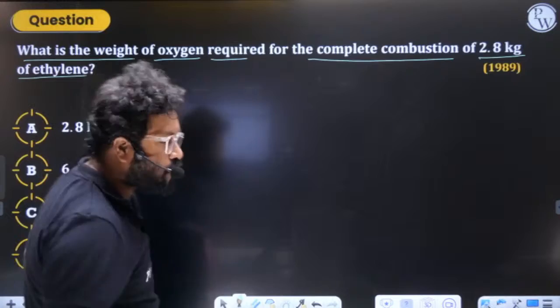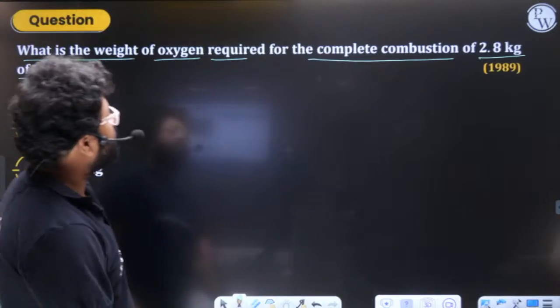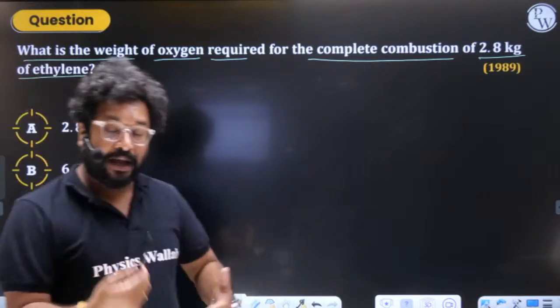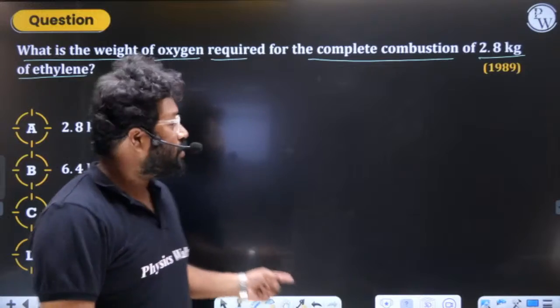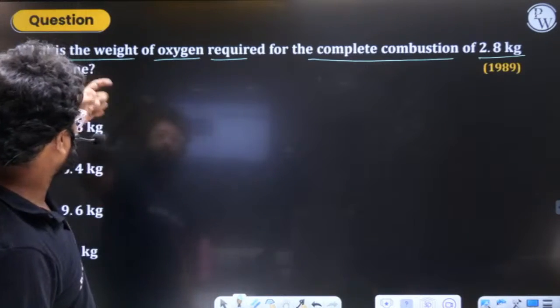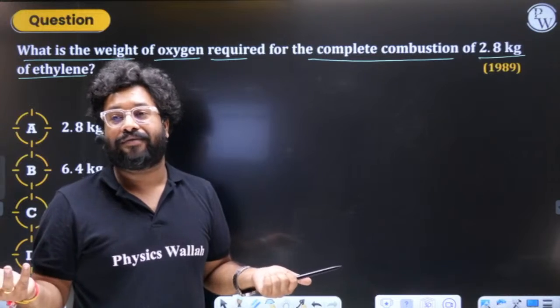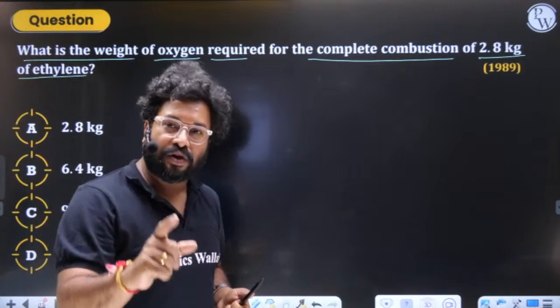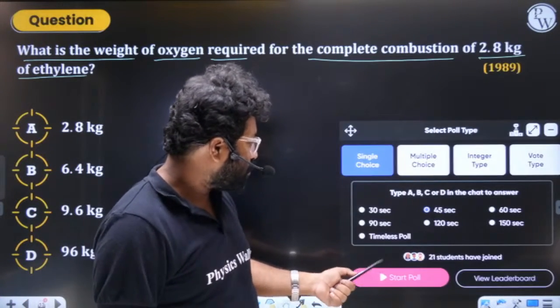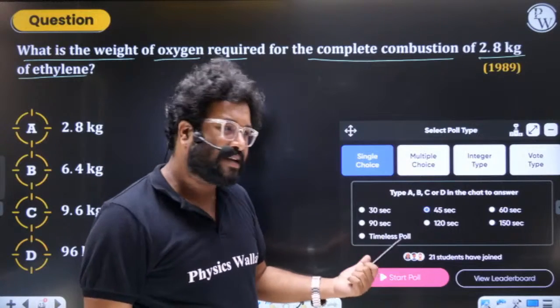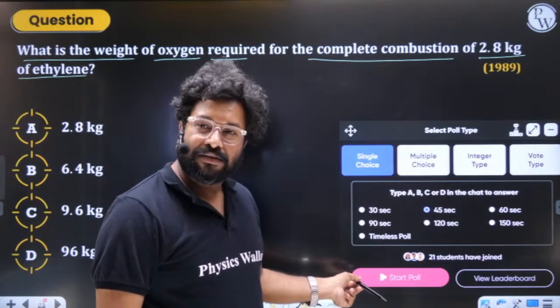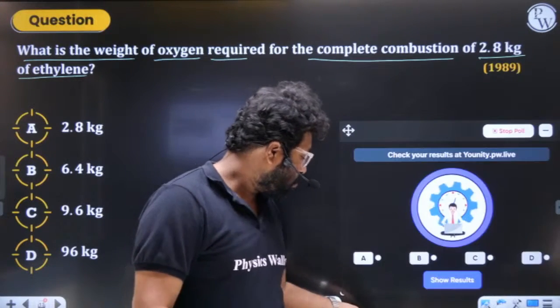If you are having 2.8 kilogram of ethylene, and if it is undergoing complete combustion in presence of oxygen, then what is the weight of oxygen that is going to be required for this? To solve this question, let's take 45 seconds. Your time starts now.